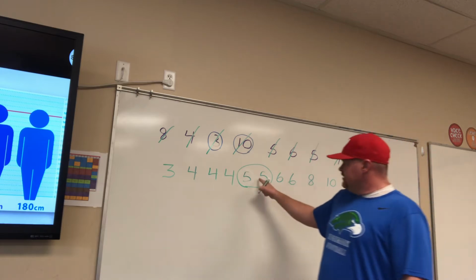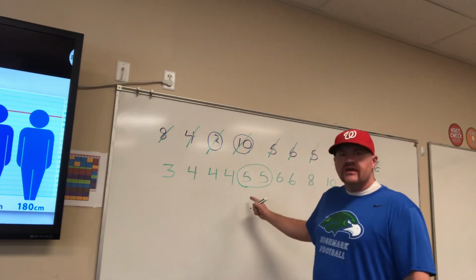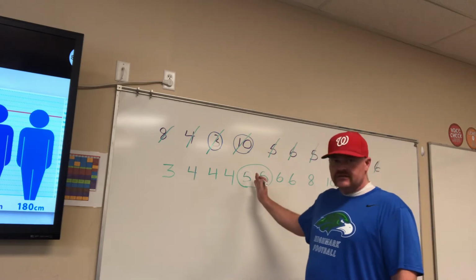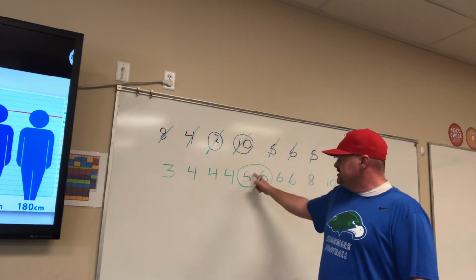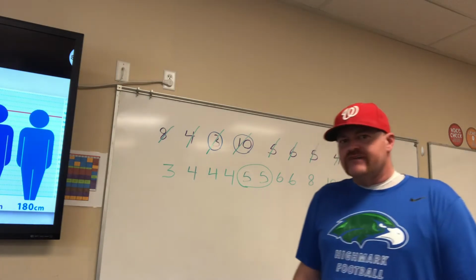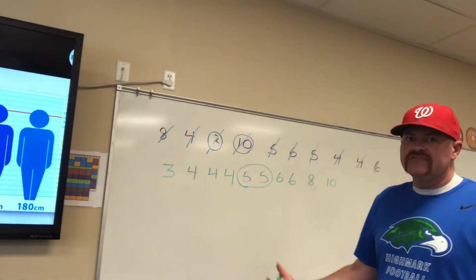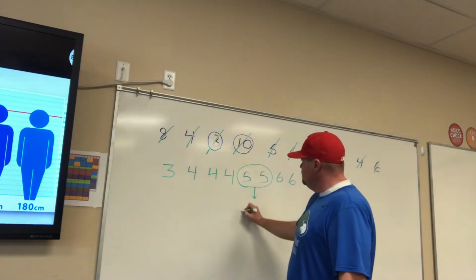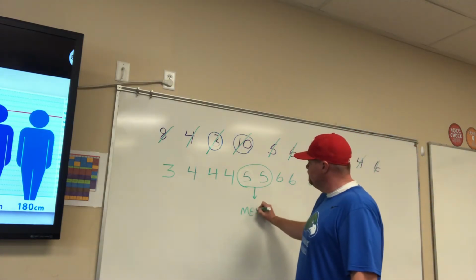So we can now take those 2 digits, add them together, and divide them by 2 to find out what the median is. Well, in this case, it's pretty easy because they're both 5s, right? So 5 plus 5 divided by 2, I'm going to end up with 5. 10 divided by 2 is 5. So in this case, my median equals 5.